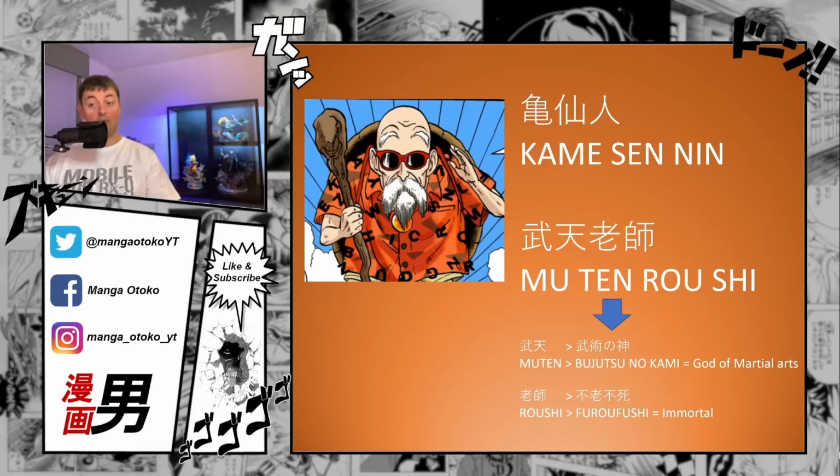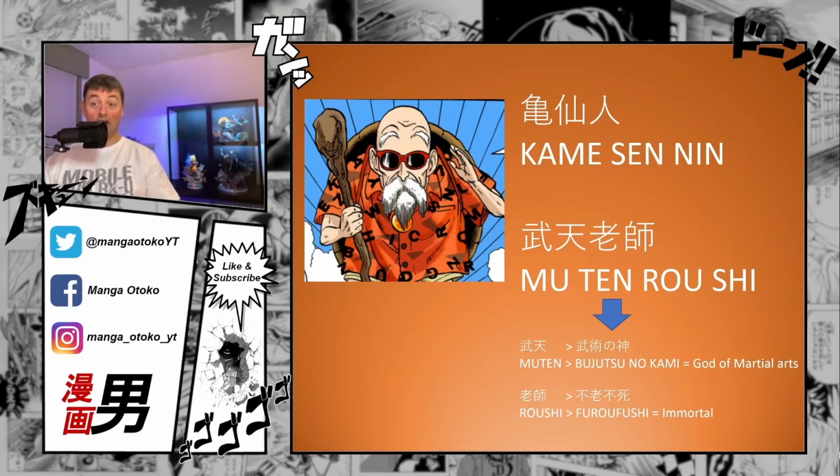The second part of his name, Roshi, in Chinese comes from Furo Fushi, and I'm using the Japanese pronunciation here of these characters, which means immortal. So the immortal god of martial arts would make a bit more sense. And I do believe, since he's quite a bit of age, it matches well with him. So I give some credence to the theory that's been floating around amongst some Japanese fans that Mutten Roshi was actually taken from the Chinese signification of the characters.